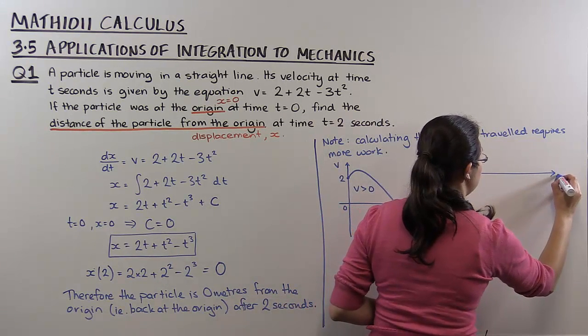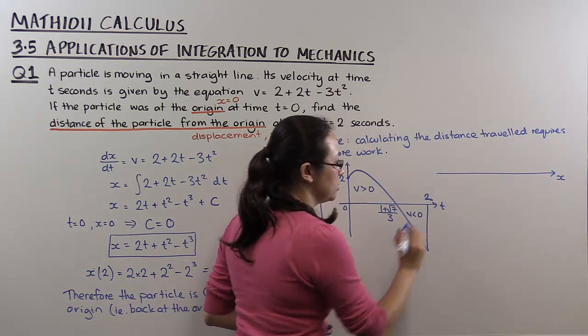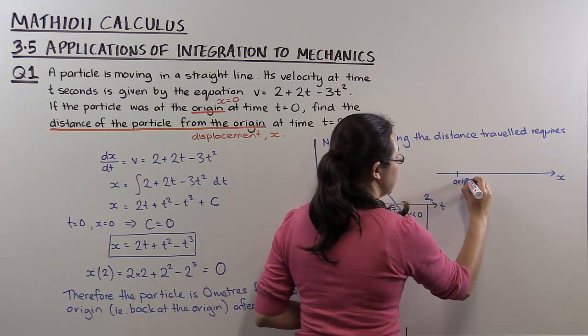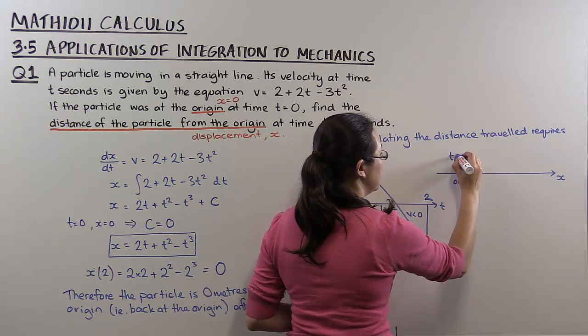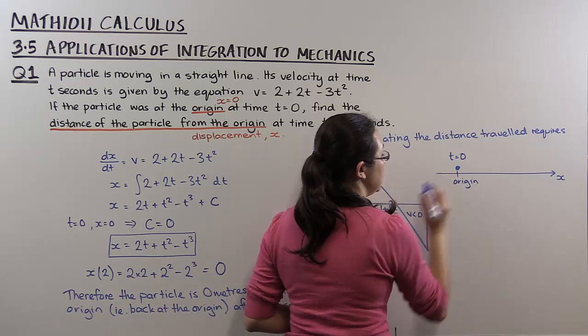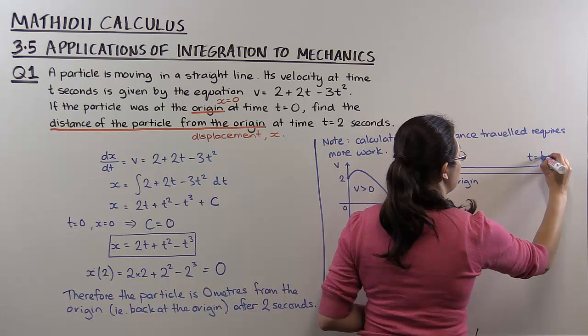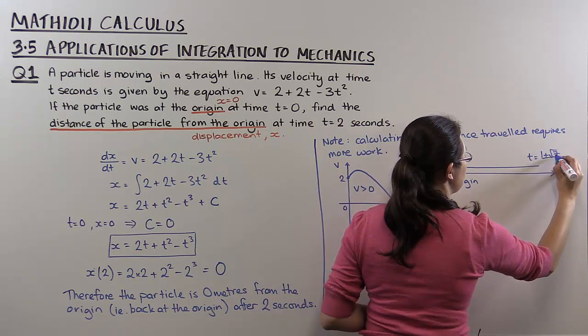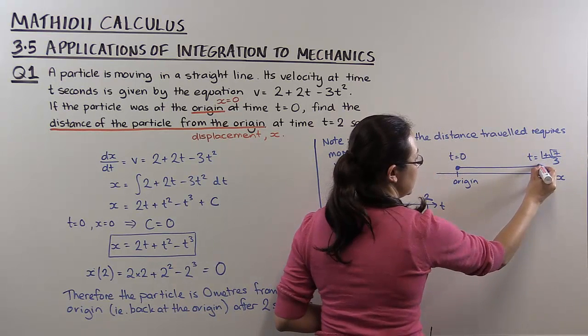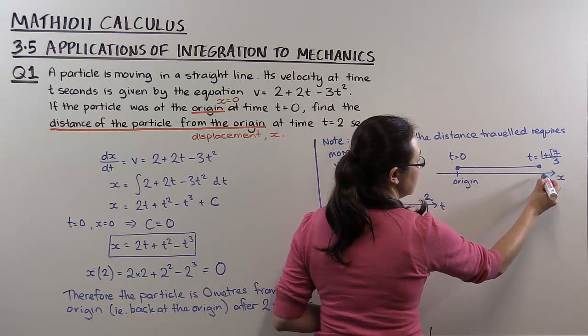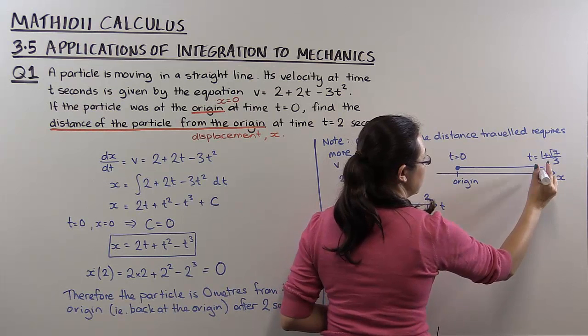Seeing just on a one-dimensional picture what's happening to its displacement. It's starting at the origin at t equals 0 seconds here. It's moving to the right until (1 plus root 7) on 3 seconds, and that's when it stops and turns around. I might even draw it like this.